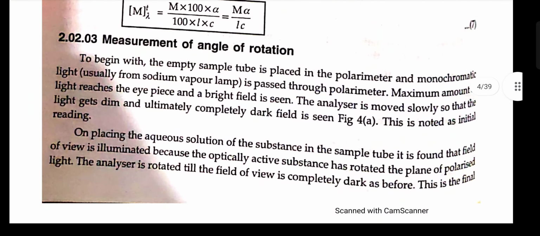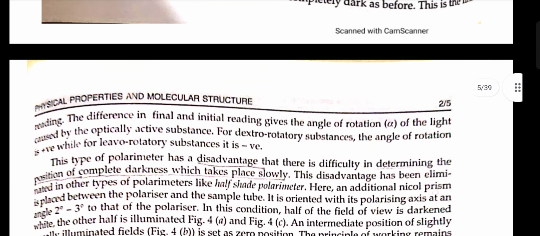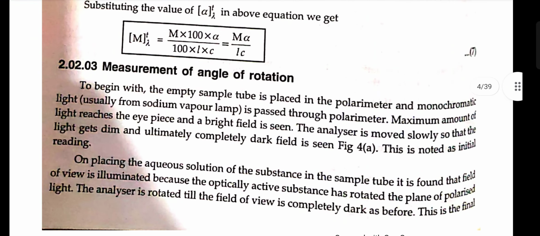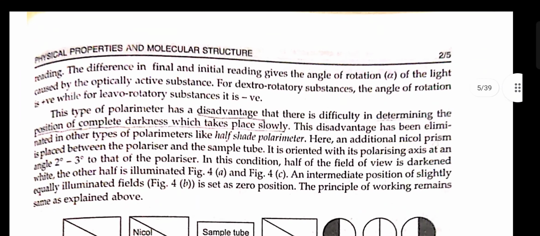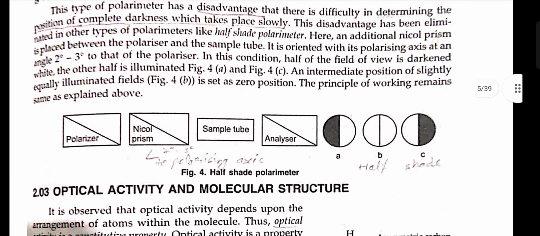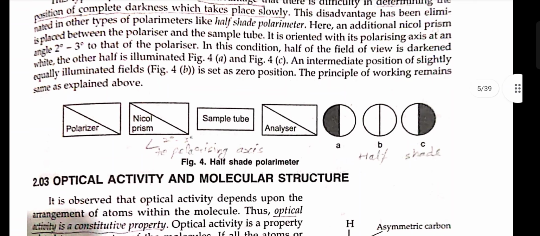Measurement of angle of rotation. To measure the angle of rotation, a polarizer is used as shown above. The angle between polarizer and analyzer is measured as shown in figure 4.